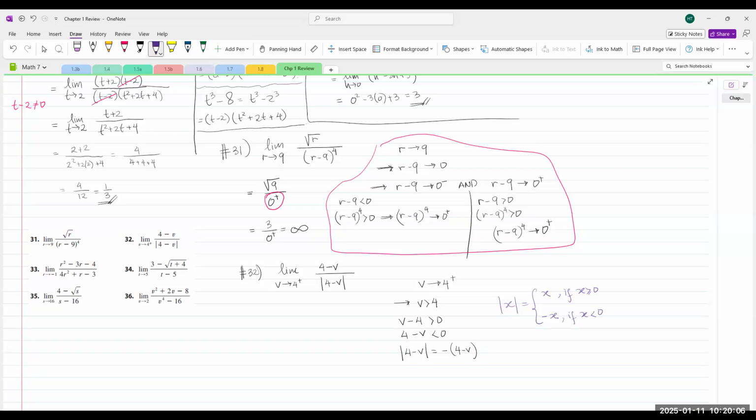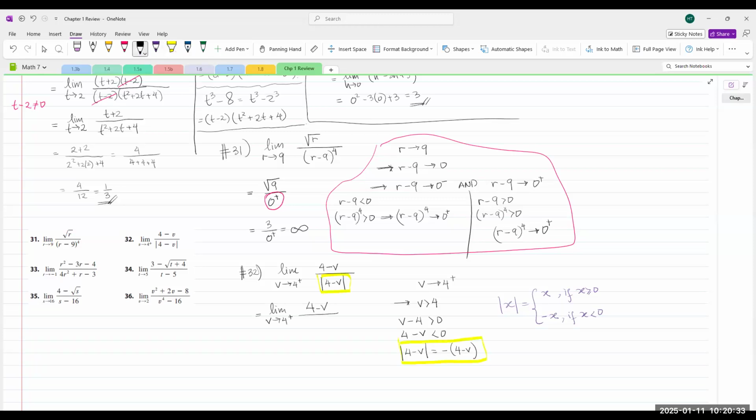Okay, so because x approaching 4 from the right hand side gives us 4 minus phi to be negative, when I try to get rid of that absolute sign, I will replace this guy here by this guy.